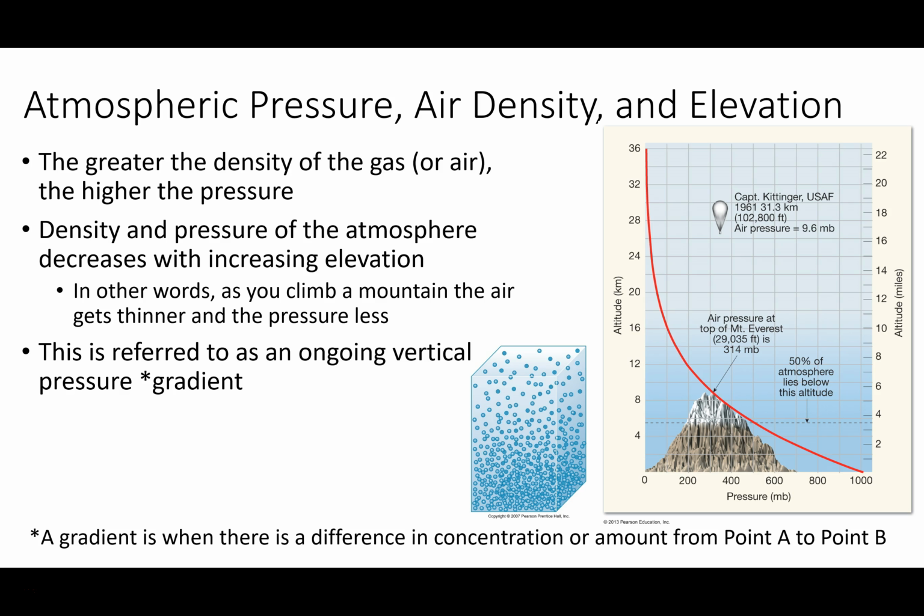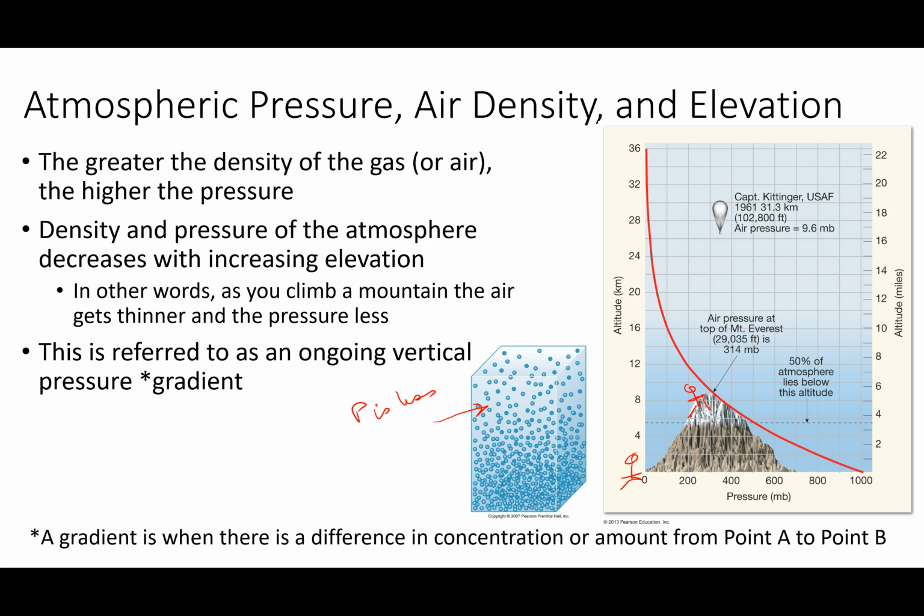And then the last one for this part: you guys know this, if you climb a mountain, the air gets thinner. The air gets thinner, so you'll have less oxygen, less nitrogen and all that too. And so the gas pressure, P for pressure, is less as you go up.